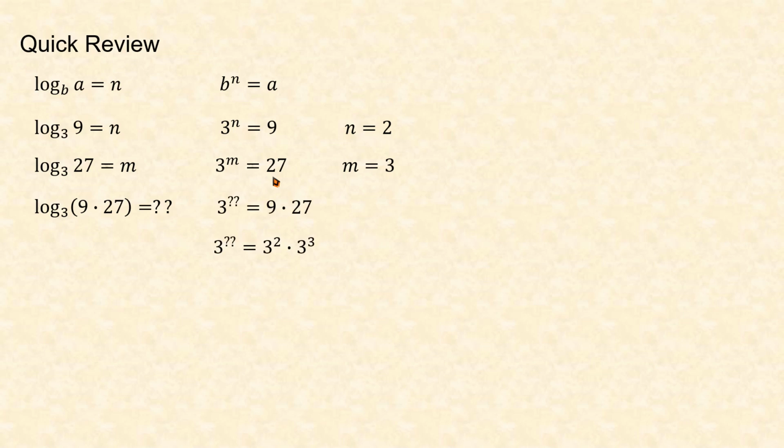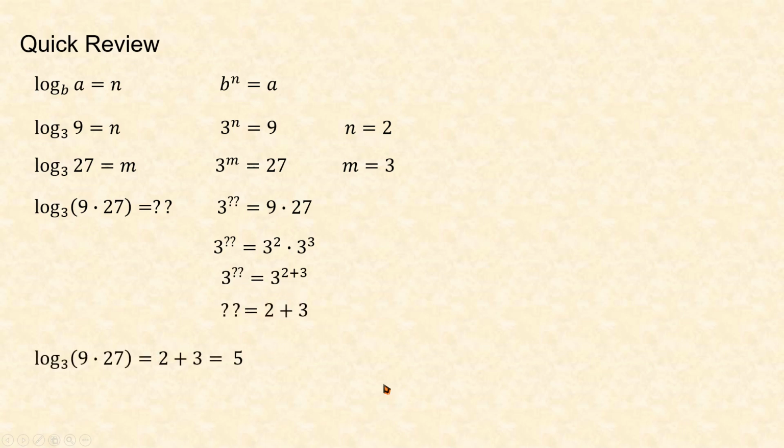Well, I changed the bases to make them look the same. It's all base 3 now because I did 9 earlier and 27 earlier. I know it's 3 squared and 3 cubed. And now since they're the same bases, we can add the exponents, right? So really the exponent on the left side is equal to 2 plus 3, which is 5.